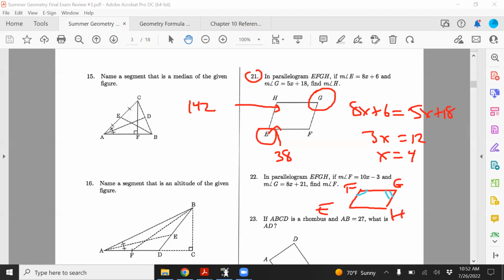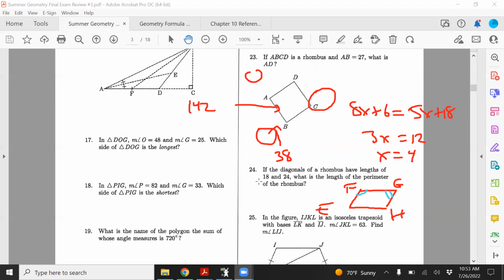What's the relationship between F and G here? What equation can we make with both F and G? They're not equal, so what other relationship can we say? What would it add up to? 180, thank you. 10x minus 3 plus 8x plus 1 has to add to 180. Exactly. Again, look at your notes, it's all there. So that's a good problem too. I like that one a lot.